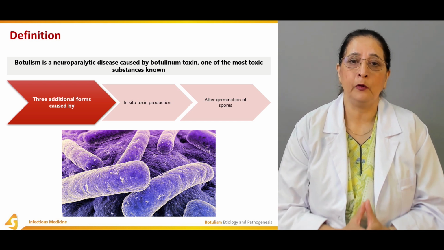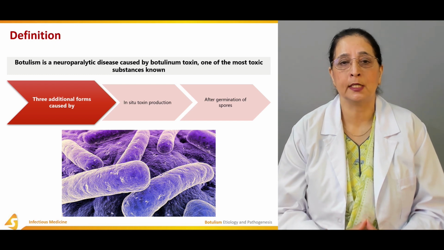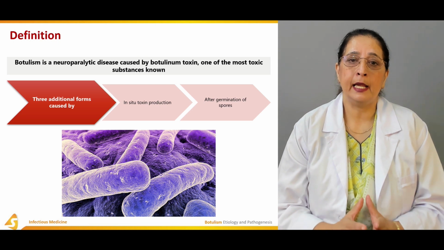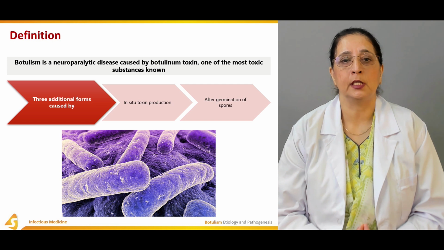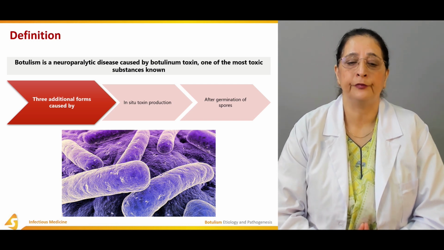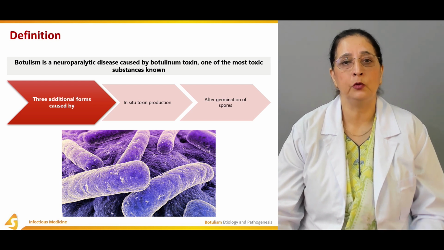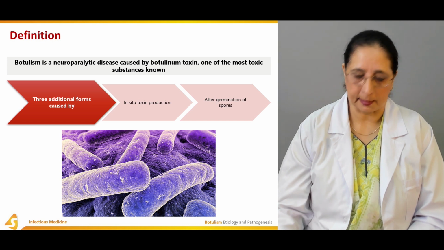So it's a neuroparalytic disease caused by the production of the botulinum toxin, and also by the in situ production of the toxin and the germination of the spores. All these factors contribute to the development of the disease process.